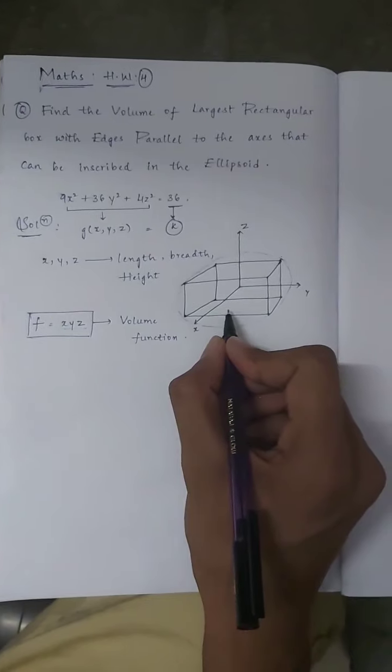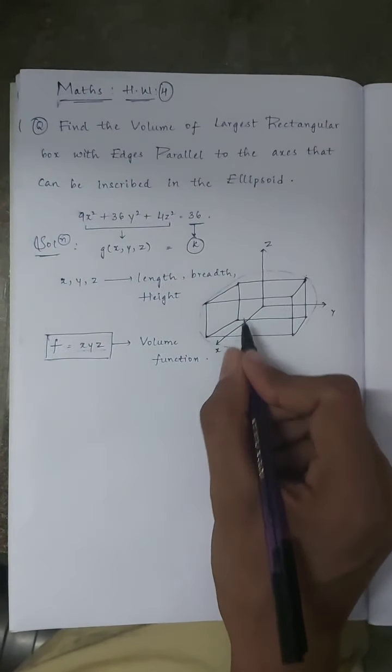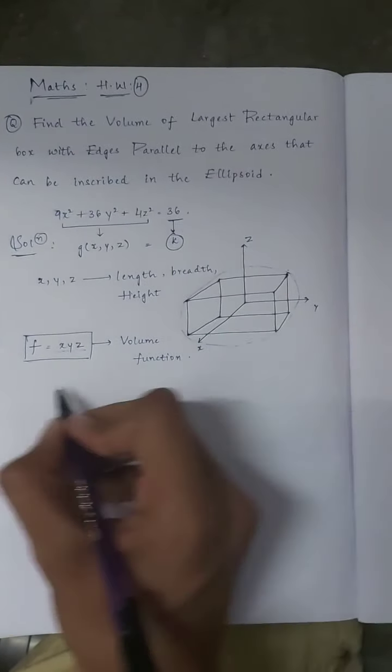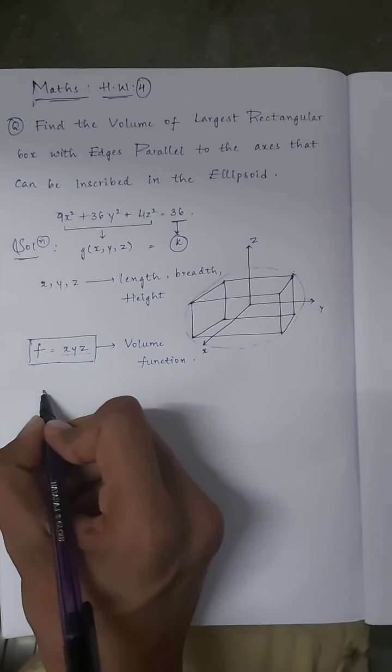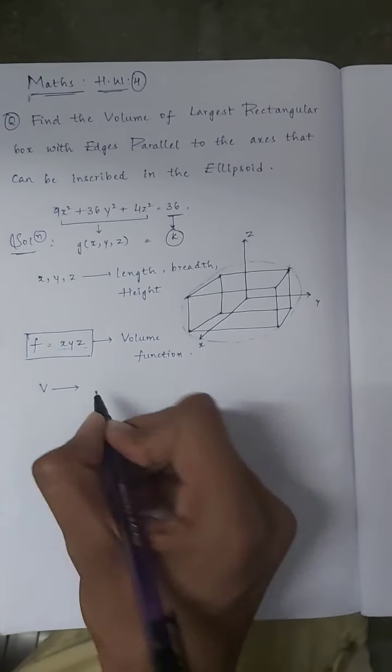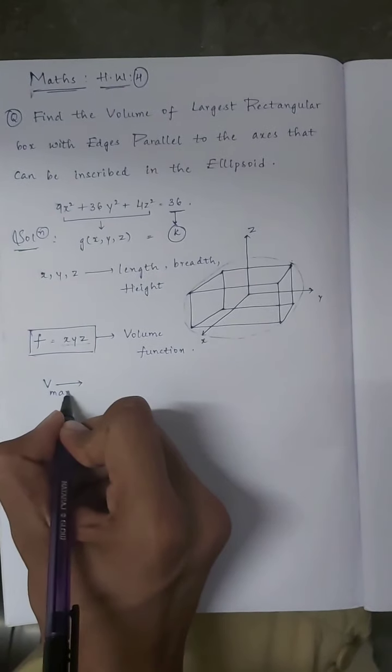So here, as we need to find the maximum volume of this rectangular box, let us consider it as Vmax.